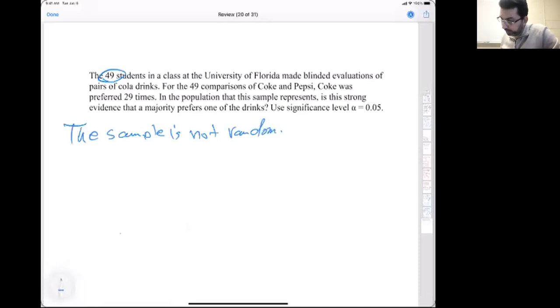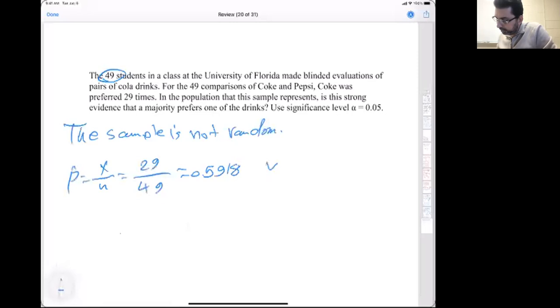So p hat is equal to x divided by n. X here is 29 divided by 49, so it's equal to 0.5918. Of course, if you multiply n times p hat, it will give you 29.